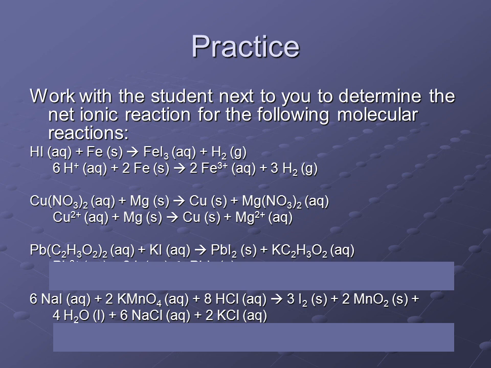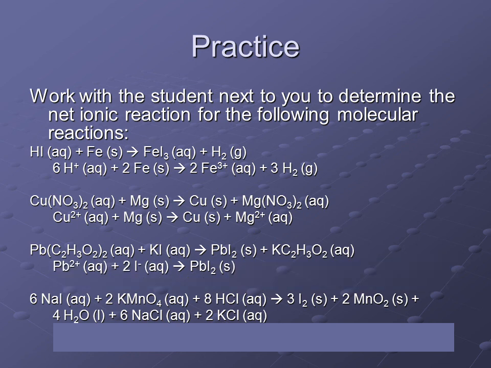All right, lead acetate. Again, you actually have an unbalanced reaction. You actually need a 2 right there. And so your net ionic equation here is going to be that the lead 2 ion reacts with 2 iodide ions to form lead 2 iodide.